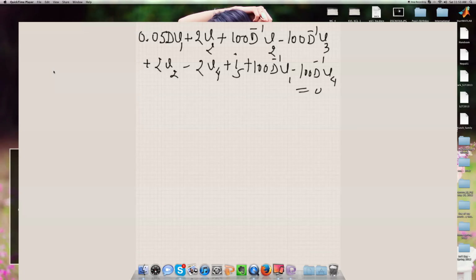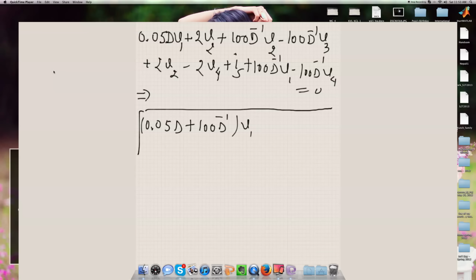So this is giving us another box. Let's be careful here to write each and every term carefully. This box would be a large box. Okay, I'm going to draw this large box here. This is going into the matrix, as we said. The first thing is those with V sub 1: 0.05 d/dt plus 100 integral. Both with V sub 1.